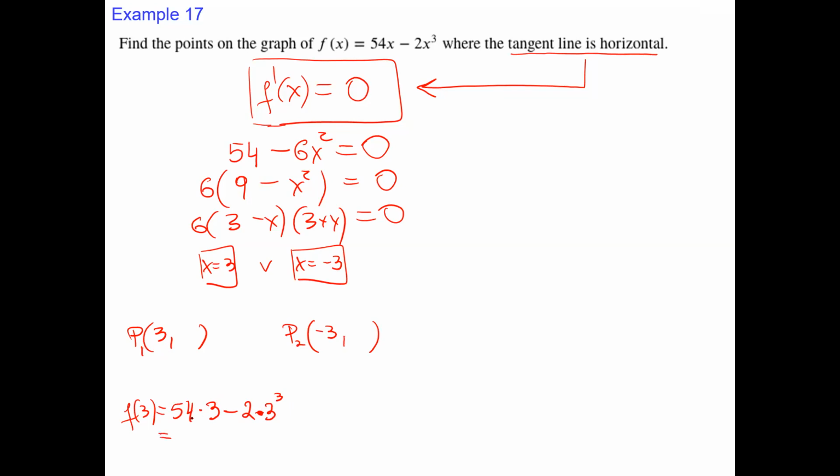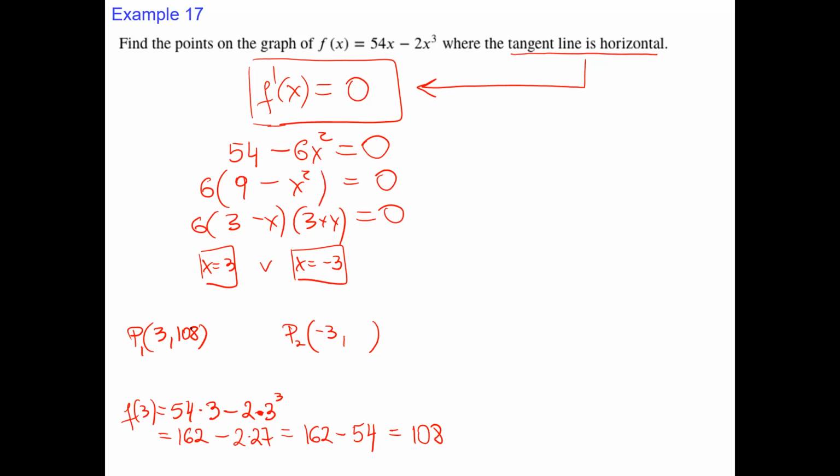Big numbers. 54 times 3 will be 162, minus 2 times 3 times 3 times 3, which is 27, so 162 minus 54. Yeah, I always like my students to help me with the arithmetic. We will have 108.